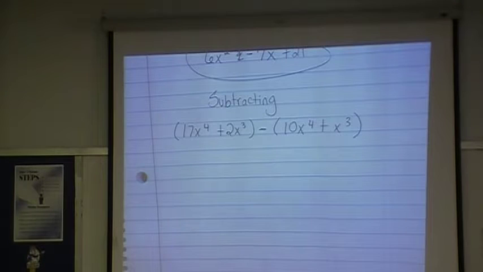There's one step we have to do in subtracting that we don't have to do in adding. Yes, we're still combining like terms. We still don't touch the exponents. You're not going to touch the exponents.